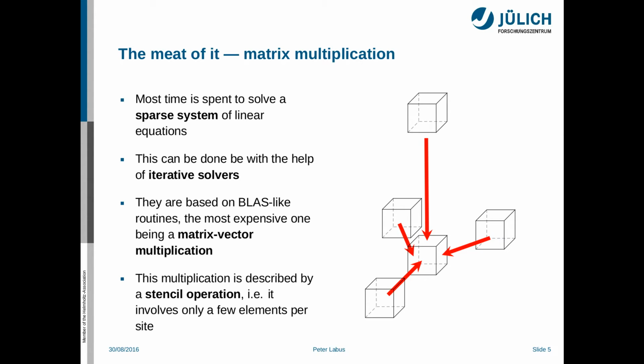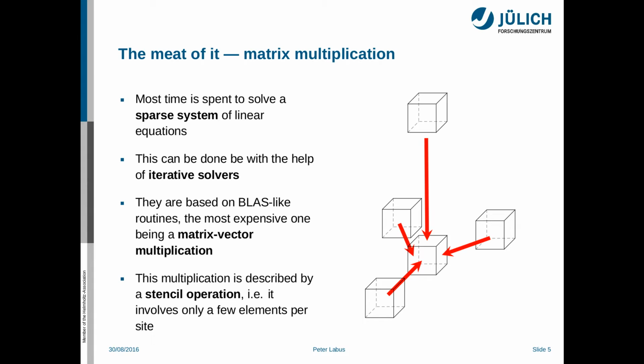Usually most of the time in a lattice QCD simulation is spent in solving a sparse system of linear equations, and this is most efficiently done with so-called iterative solvers.